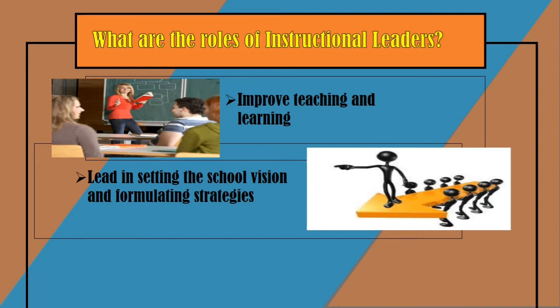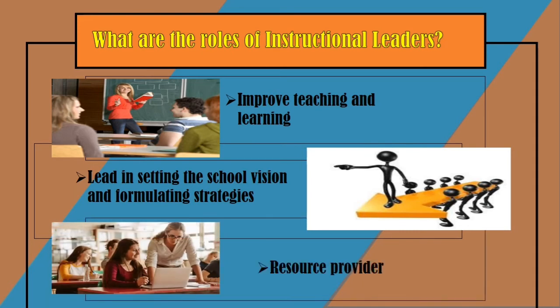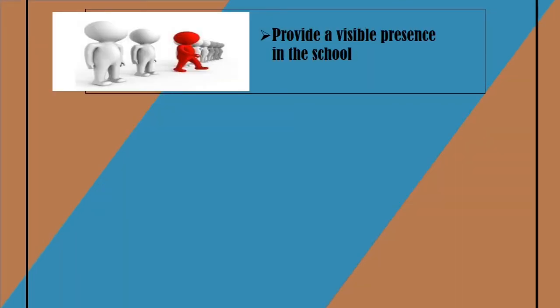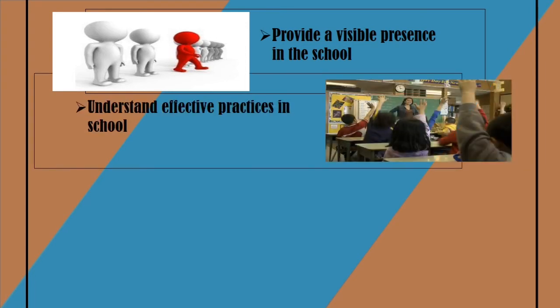He will also be a resource provider, an instructional resource provider, and also has to provide a visible presence in the school. Meaning the instructional leaders have to be present in the school from time to time. He is also expected to understand the effective practices, or the best practices, in the school.